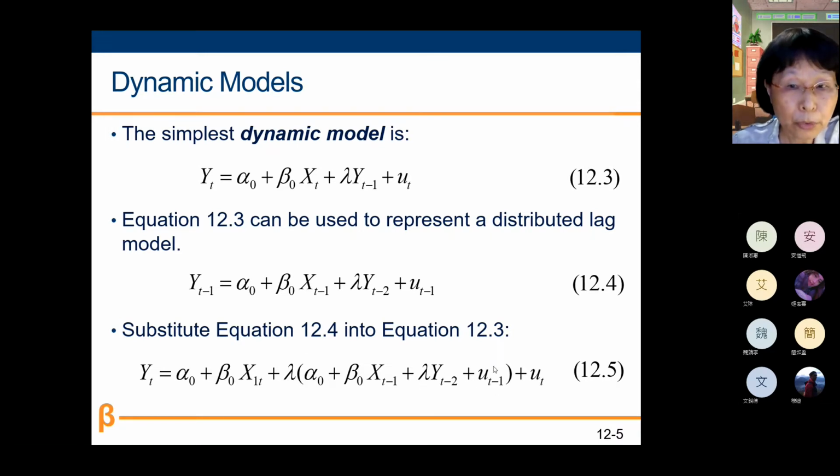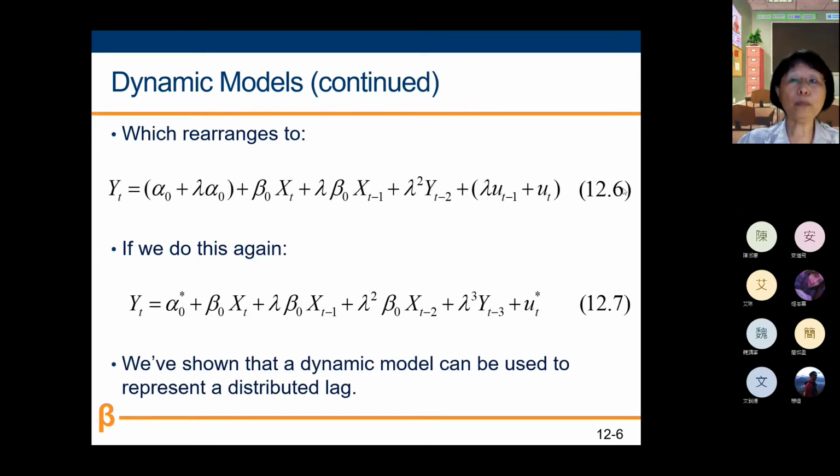And u_t with lambda, u_{t-1} with lambda, and also the original u_t, I put them together as an error term, which becomes 12.6. I think all these equations are also shown in the textbook on page 385.